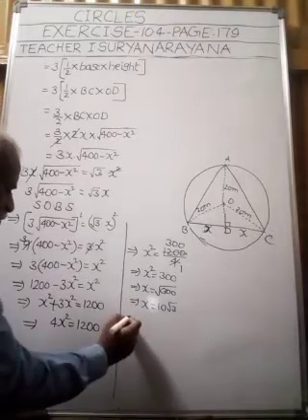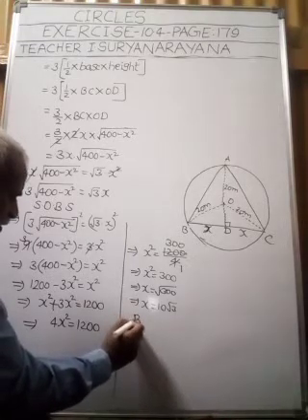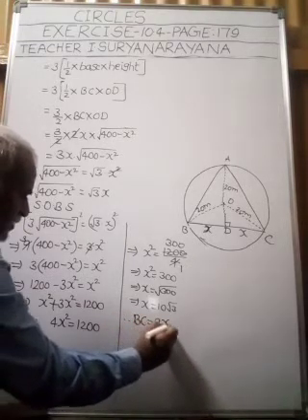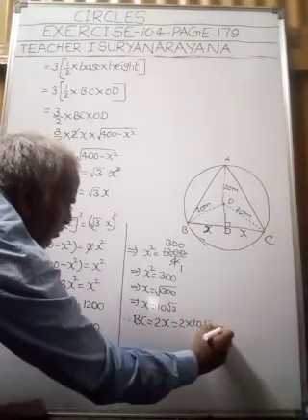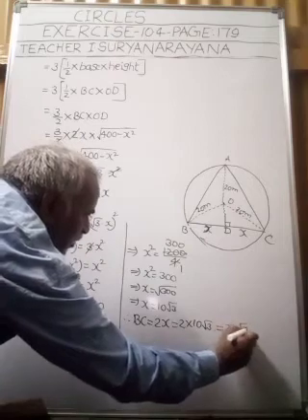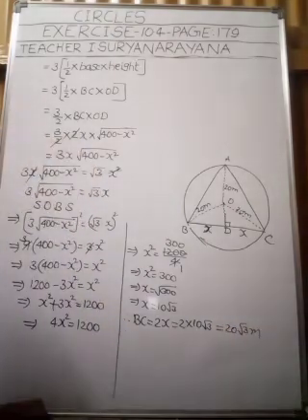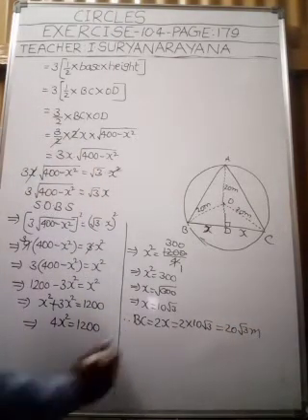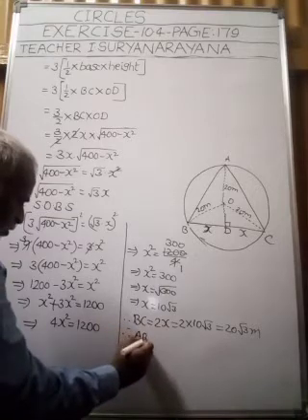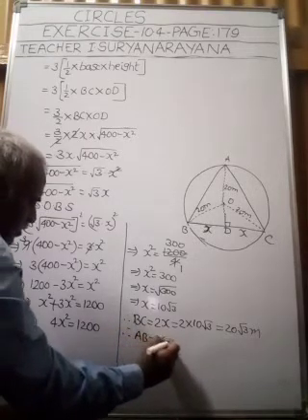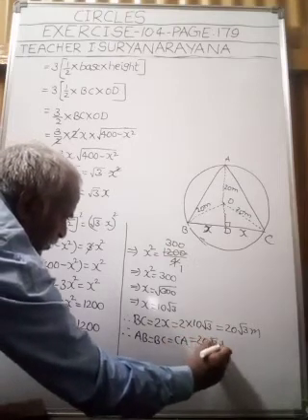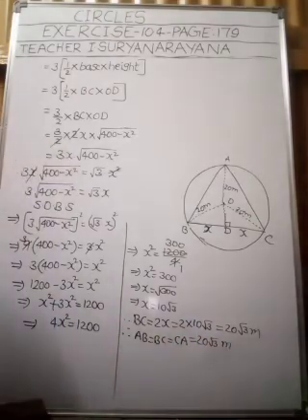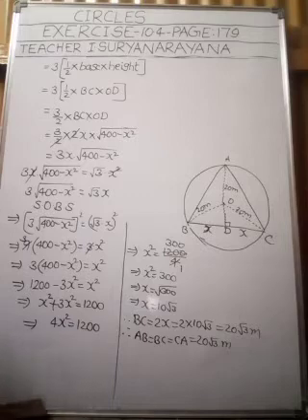But BC, therefore BC is equal to 2x. That is equal to 2 into 10 root 3. That is equal to 20 root 3 meters. Okay, my children. Therefore, AB is equal to BC is equal to CA is equal to 20 root 3 meters. Understood this step, my children? Right.